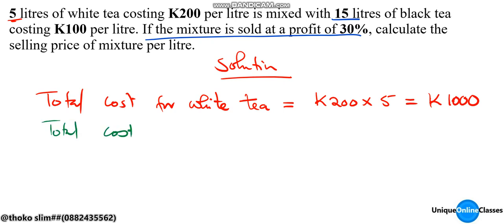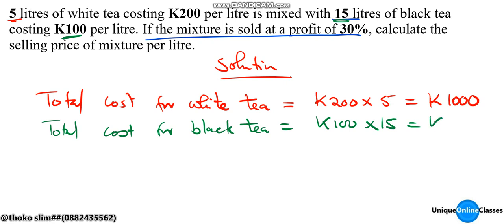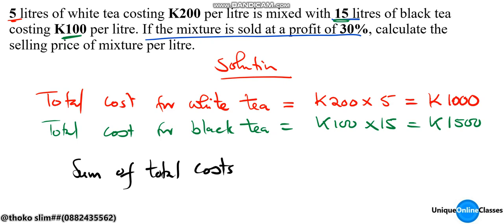For black tea, that's 100 kwacha multiplied by 15. If we multiply that, it will be 1500 kwacha. So the sum of total cost is equal to 1500 plus 1000, which is equal to 2500 kwacha.